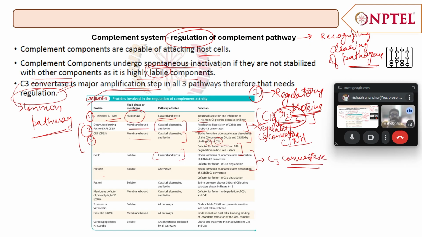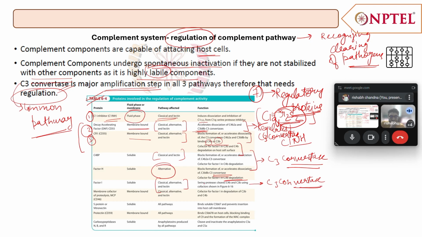Then we have factor H. This is also soluble, affects only the alternative pathway. It blocks the formation of the C3 convertase and helps in C3b degradation. Then factor I. This is also soluble and it can affect all the three pathways. It is a serine protease that cleaves C4b and C3b, that will lead to the degradation of the C3 convertase.